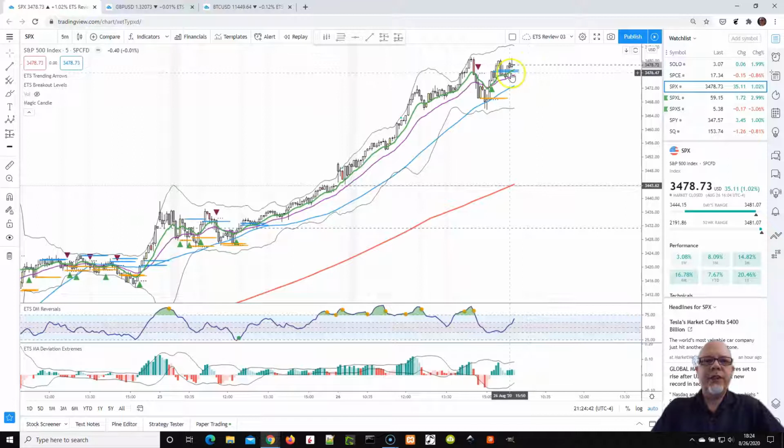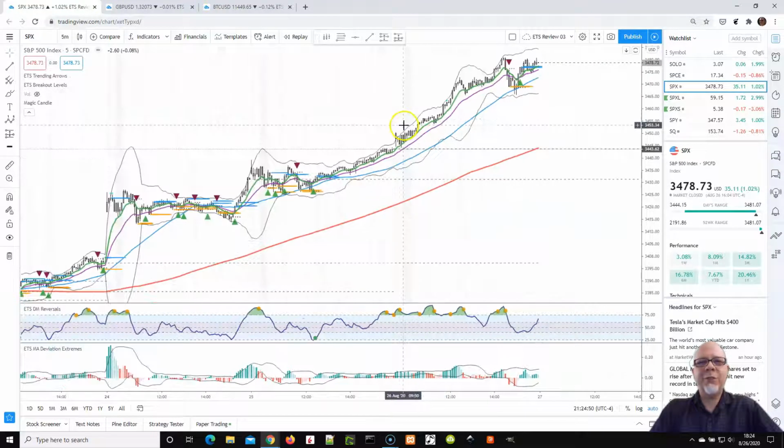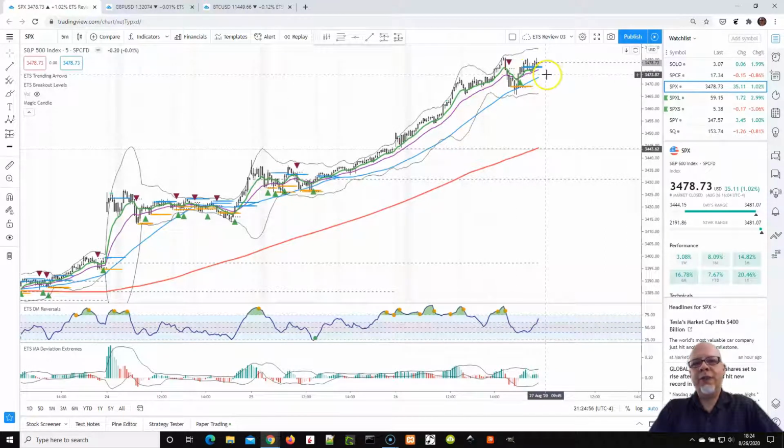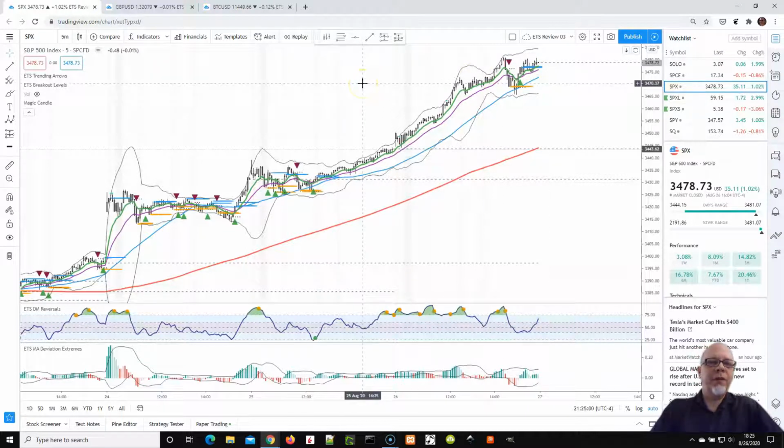So the question is, are we going to hit a new high tomorrow, or are we going to start moving down? I don't know. It is hard to tell at this point, but at some point, this market will have to go into a correction in order to reset things before continuing on.